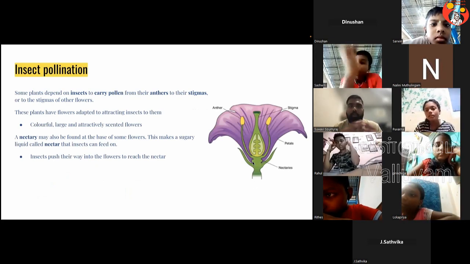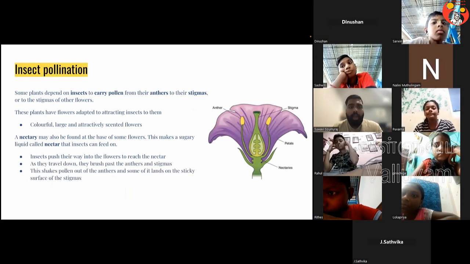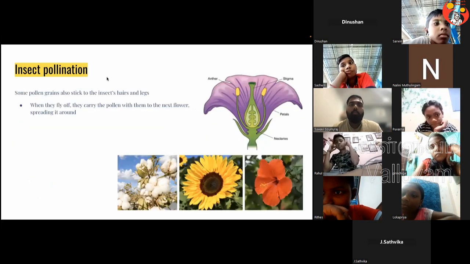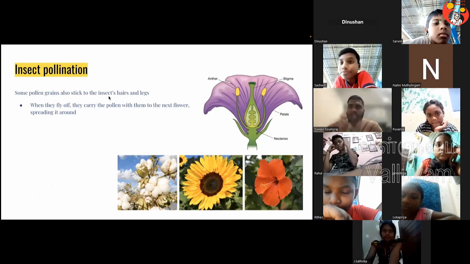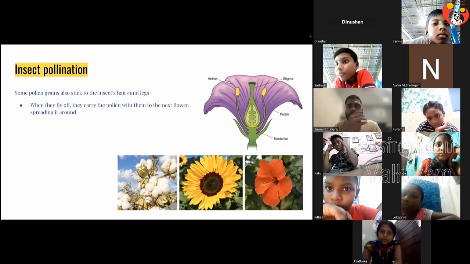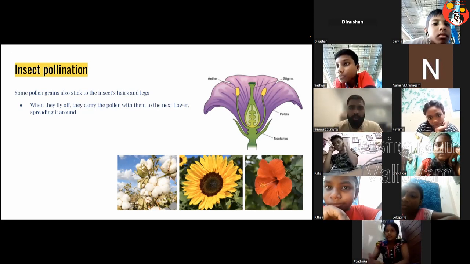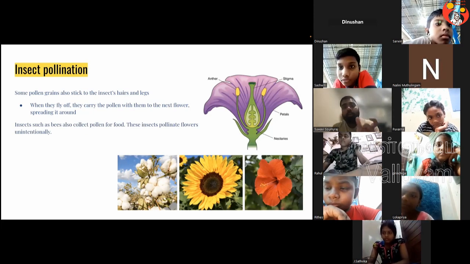And that creates the initial fertilization. On the other hand, you've also got insects where the pollen sticks to their hairs and the legs. And then as they travel around to different flowers or even within the same flower, they create the transport of the pollen around. And then, those are the two basic things.